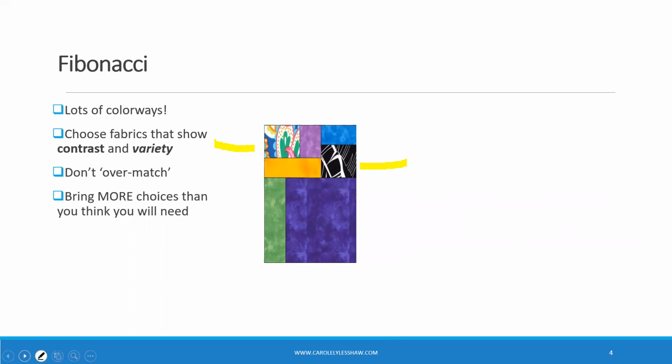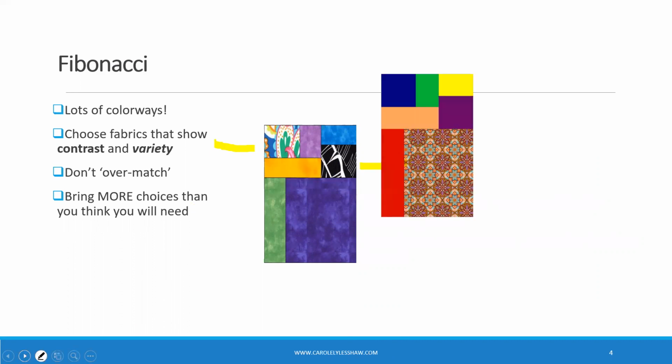Also, I would like to mention that you shouldn't overmatch your variety of fabrics that you're bringing. So in this second block, you'll see I've used a pretty traditional print fabric, and that's in the larger block.